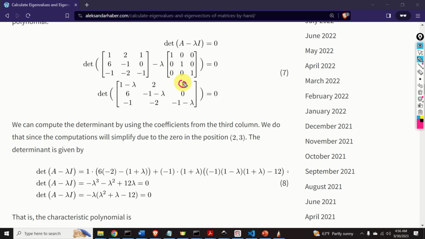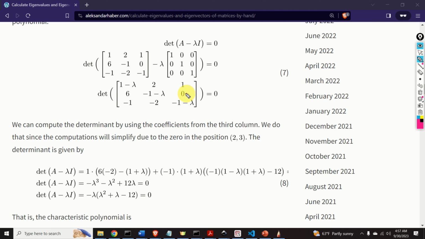We erase this column, we erase this row, and we compute the determinant of this submatrix. Here it is. You should keep in mind that the sign in front of this term is +1. Signs are very important. So we have 6 multiplying -2, and this expression simplifies to this. Okay, so that was the first coefficient.